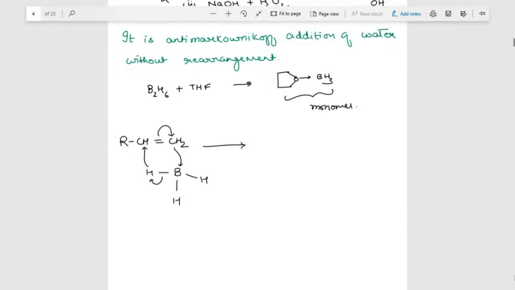Let me first draw this transition state: R, CH, this bond, one already there, one is in the process of breaking. CH2 will form a bond with boron. Here it will form a bond with hydrogen, and this is breaking. These two are in the state of formation. This is again breaking. The two sigma bonds with these H are continued.